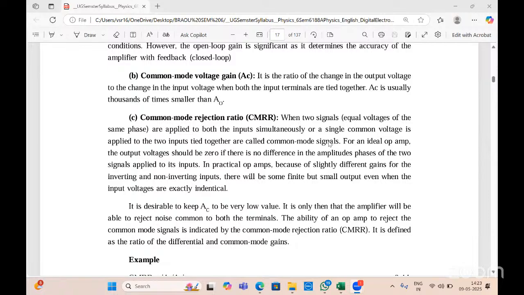In a practical op amp, because of the slight difference between the inverting and non-inverting inputs, there will be some finite output. So this is the CMRR.